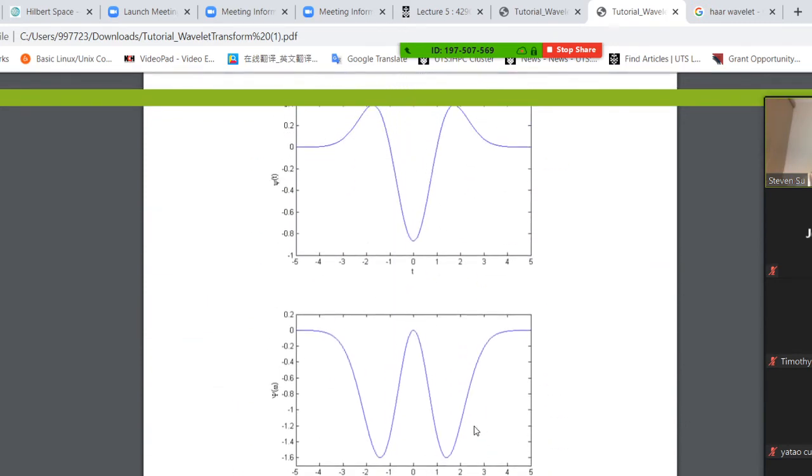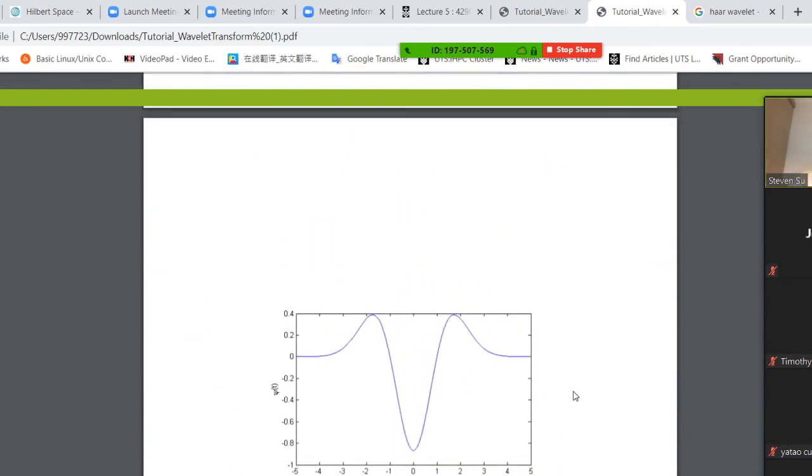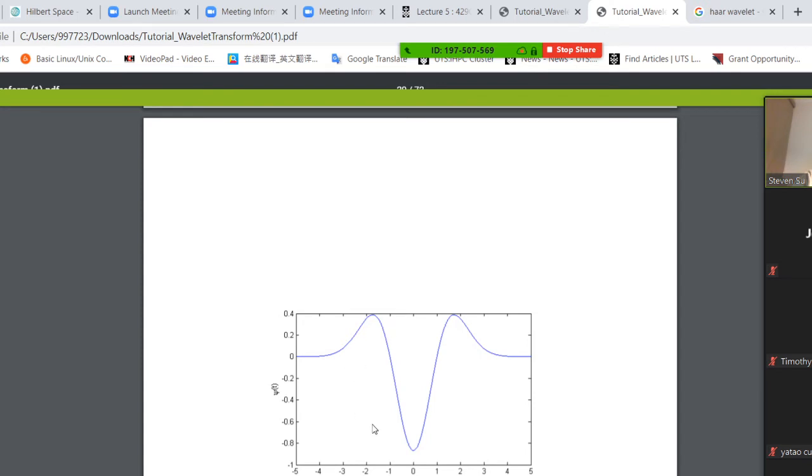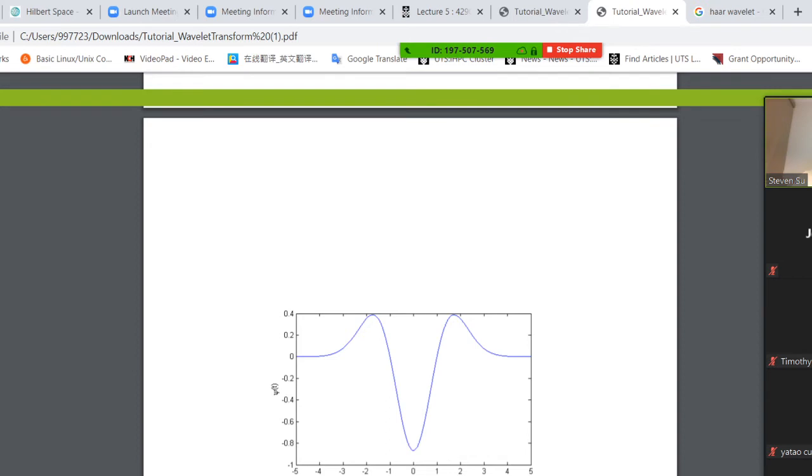A wavelet itself is also related to frequency, but they are not equivalent. Why? Because for a sinusoid, the frequency is only one particular point. For example, its frequency is 1 hertz, so the sinusoid is 1 hertz. But a wavelet actually has several frequencies. It has a band pass, it looks like a band.